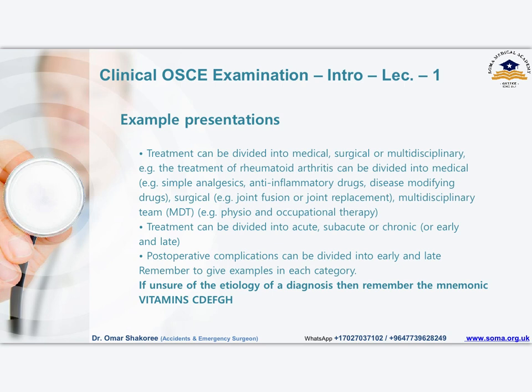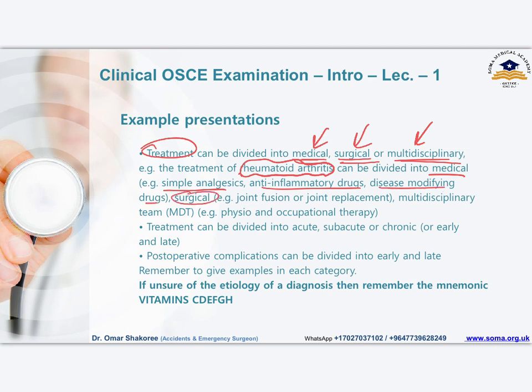Another example: for treatment, start broad, then go specific. Treatment can be divided into medical, surgical, and multidisciplinary. For example, treatment of rheumatoid arthritis can be divided into medical, like simple analgesia, anti-inflammatory medications and disease-modifying drugs, or surgical, like joint fusion or joint replacement, or multidisciplinary team like physio and occupational therapy.